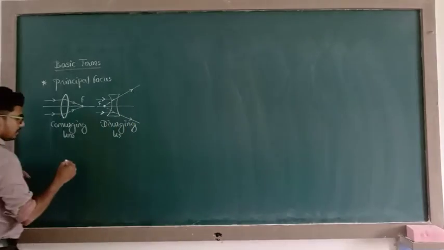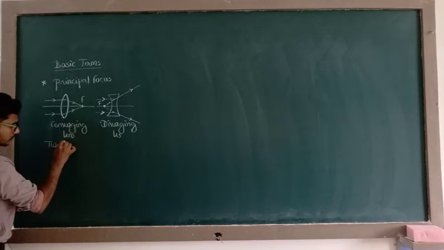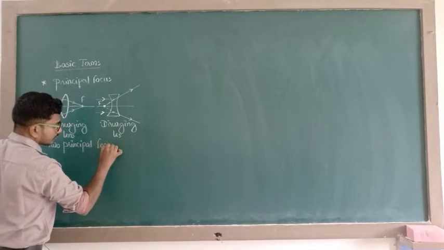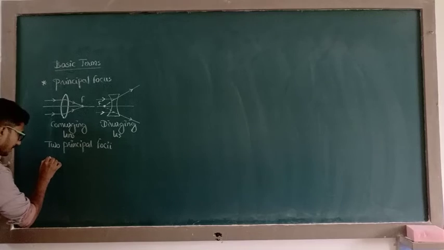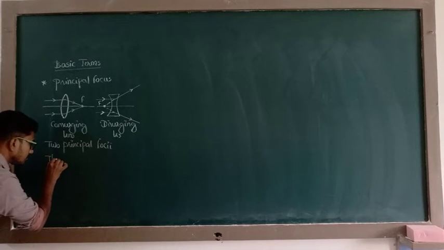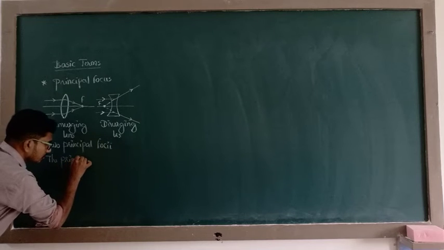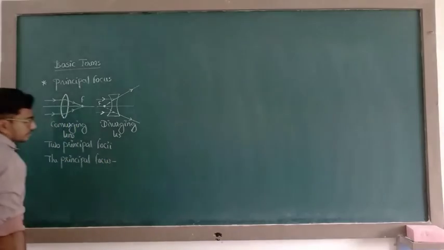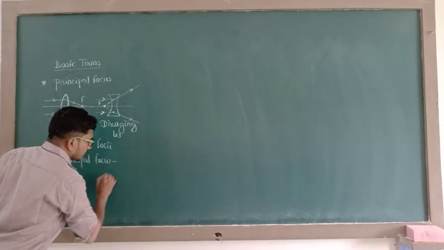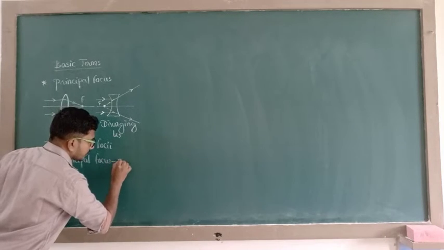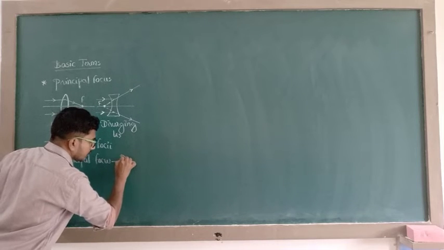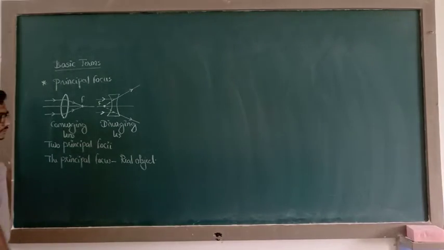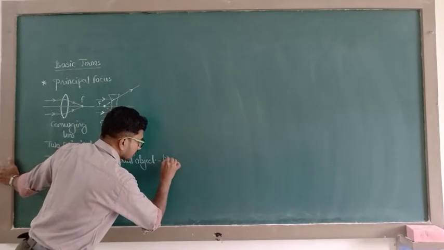So there are two principal foci. The principal focus on the side of a real object is known as the primary principal focus.